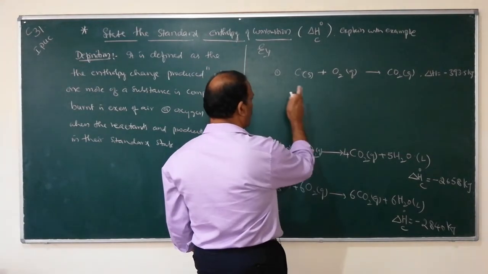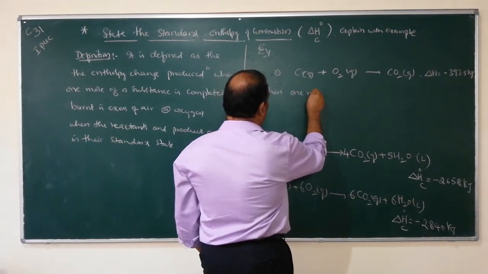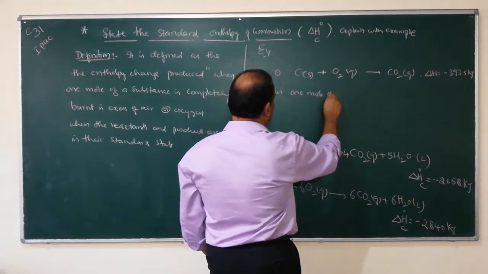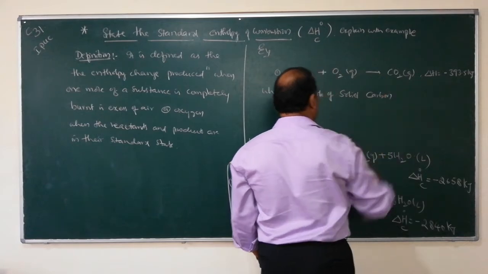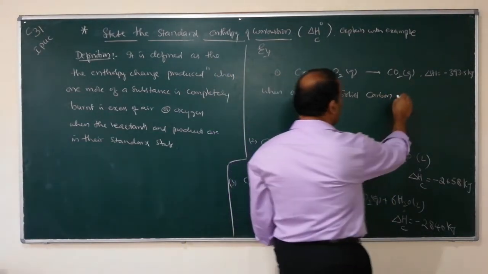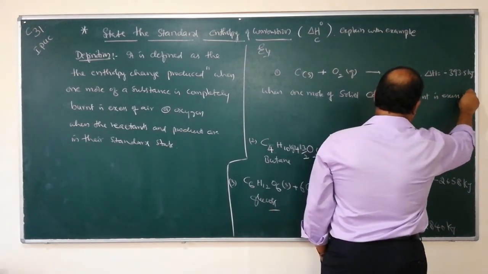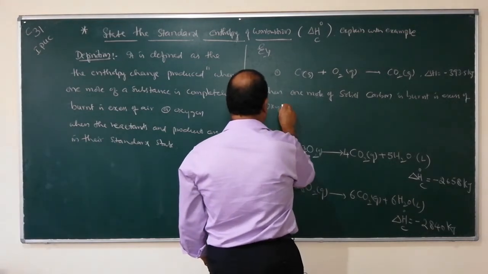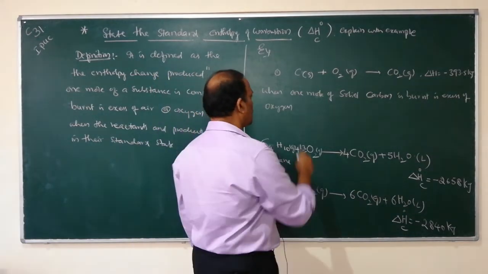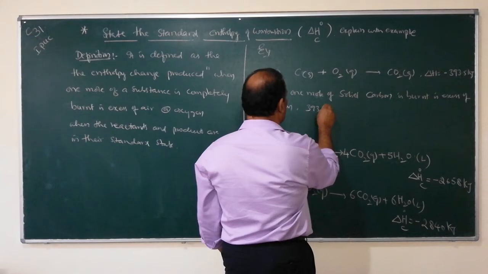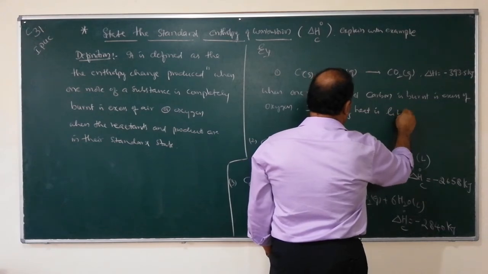I will tell you. When 1 mole of solid carbon is burnt in excess of oxygen, 393.5 kJ of heat is liberated.